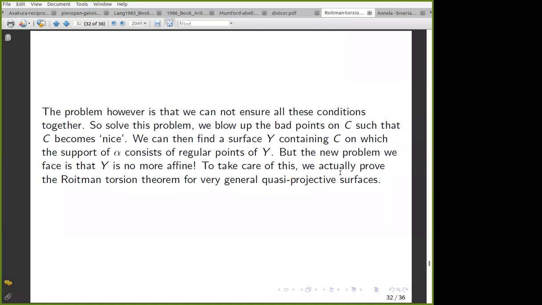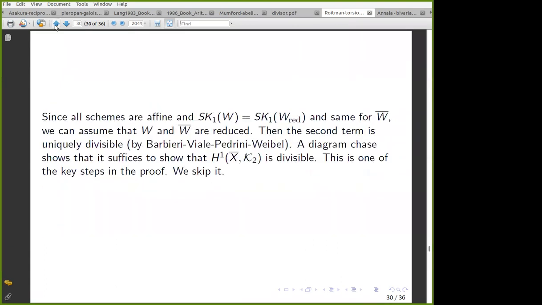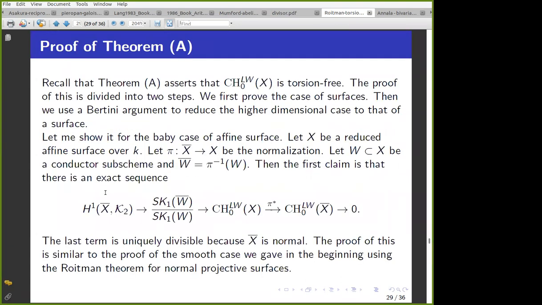To take care of this, what we do is the following, which I did not tell you. Let me go back to the 0 dimension case here. What we prove in the paper is that if you have a quasi-projective surface, a very general, almost general, not arbitrary but good enough for our paper, and it's not projective, then the Chow group is torsion free.